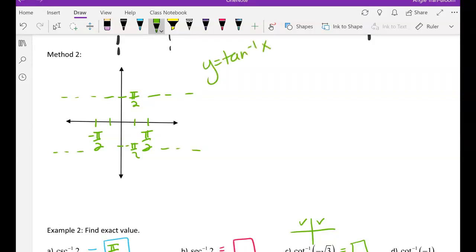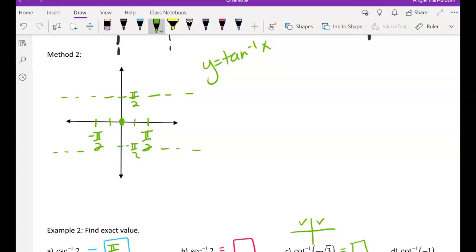So look at your tangent inverse and tell me what dots can we use. One of the dots for tangent inverse, what did you guys have? 0, 0. Yeah, let's start with 0, 0. Perfect. Definitely 0, 0.